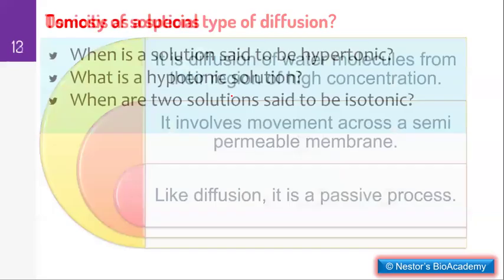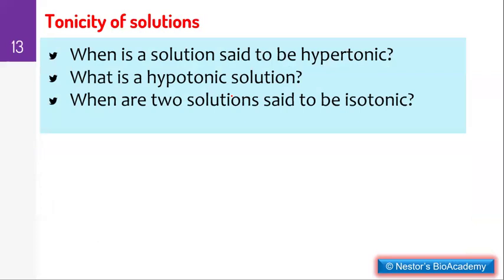We also need to proceed further and describe the tonicity of solutions. There are three terms we are going to encounter a lot when we are describing osmosis. These terms are hypertonic, hypotonic, and isotonic. So you need to be able to describe what you mean by these terms.